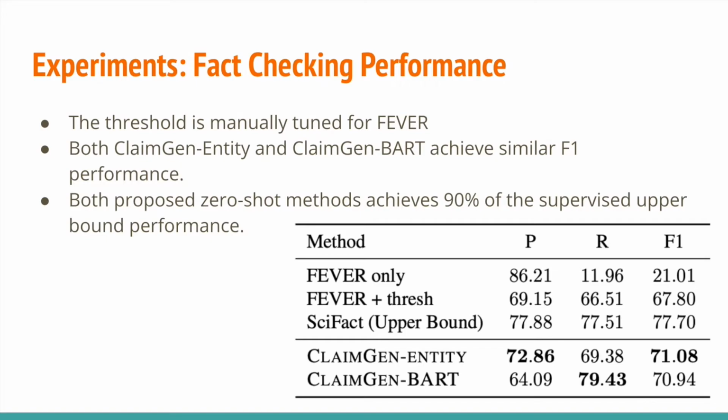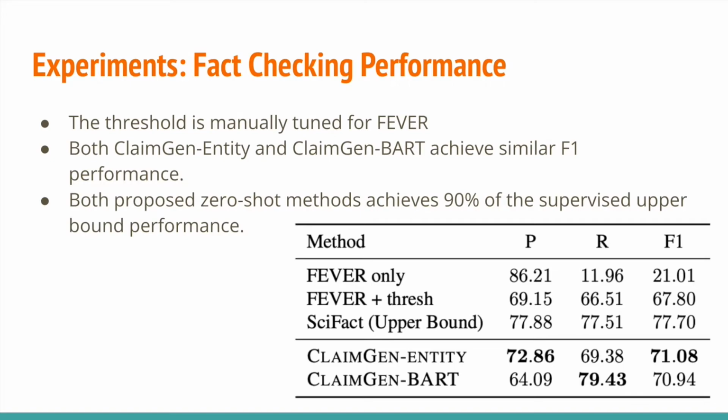So they manually tune the threshold for the decision so that they could raise the recall score from a very low level to 66, essentially balancing the precision and recall to obtain a good F1.